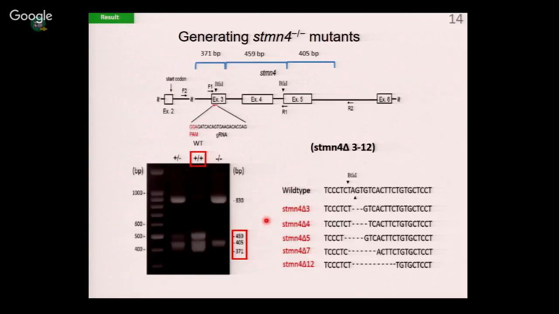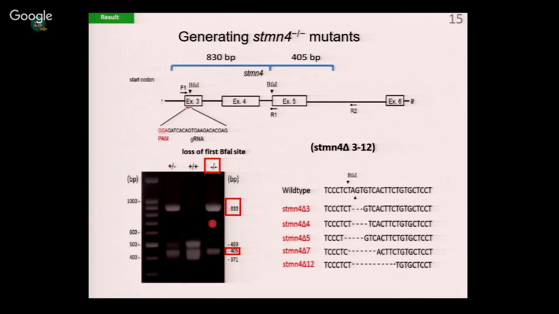The PCR product was cleaved by BFA1 into 3 fragments in samples from wild type embryos. In contrast, 2 fragments were present in samples from homologous mutants because they lost the first BFA1 site. And in heterozygous, we can find 495 and 371 base pair fragments present. So we can distinguish the homologous mutant from heterozygous and the wild type.